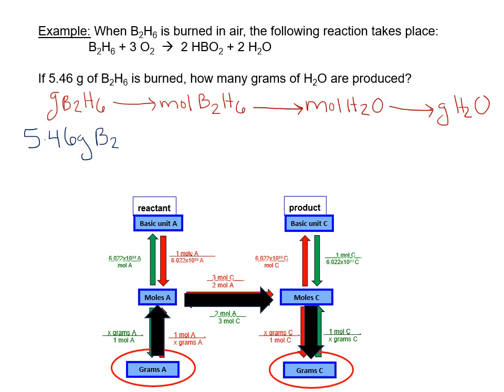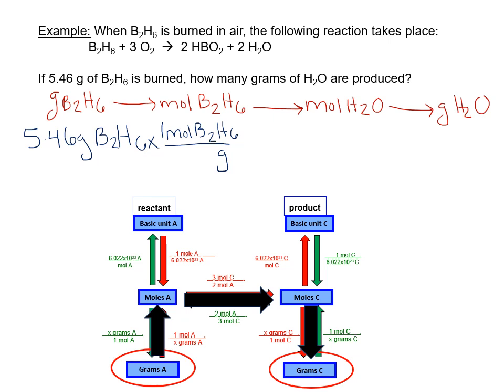Okay, and then I'm going to use the molar mass of B2H6 to convert into moles. So grams goes on bottom. Remember, it's always per 1 mole of B2H6. To find the molar mass of B2H6, I use the periodic table. On my periodic table, B has a mass of 10.81.